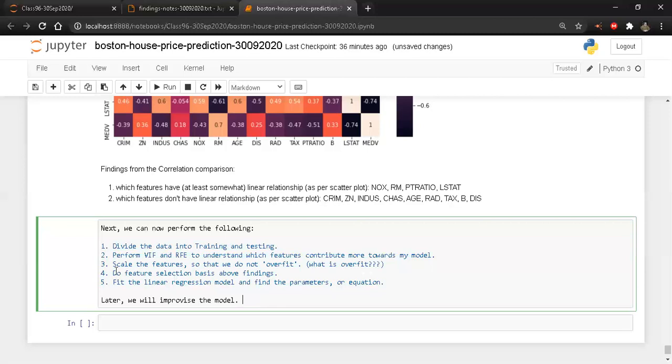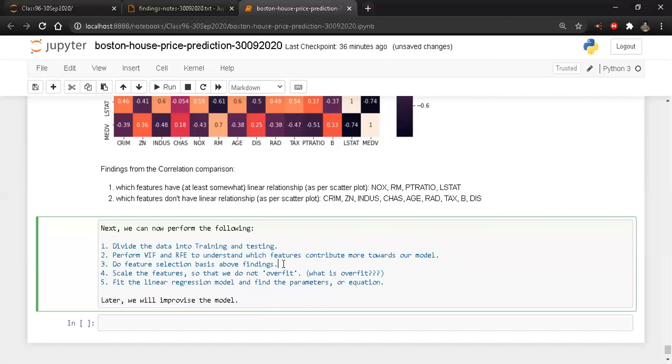Or maybe even after feature selection we can do the scaling of the features. Why scale everything, right? We can do it after feature selection. So this will come over here. Let me just cut and paste. We divide the data into training and testing. We perform these techniques to understand which features contribute more to our model. Then we do feature selection basis the above findings.